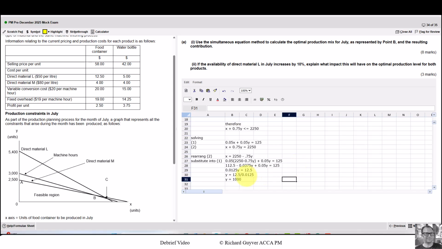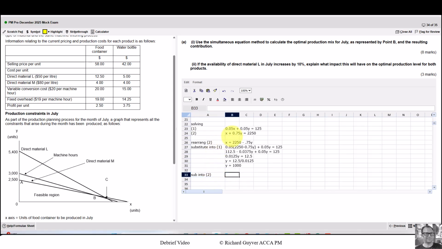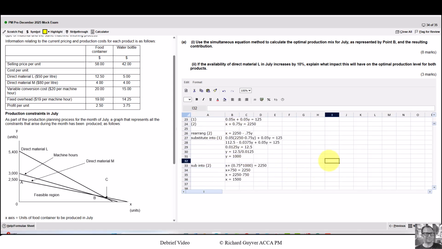And now we need to substitute this into one of these to find x. I'm going to substitute into 2. So I'm going to rewrite this, and everywhere there's a y, I'm going to replace it with 1000. Okay, so did the sum here to get 750, brought it to the other side, so x is 1500.